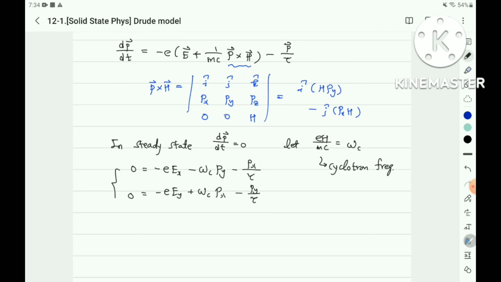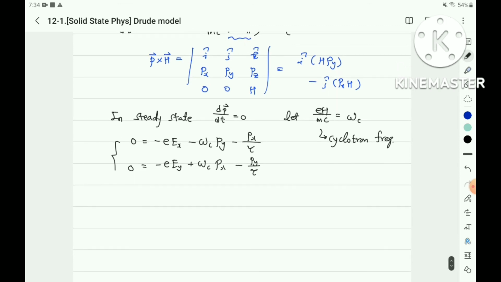And also here, because the electrical conductivity definition is Ne square tau over m, and Ji is minus Ne over m pi.